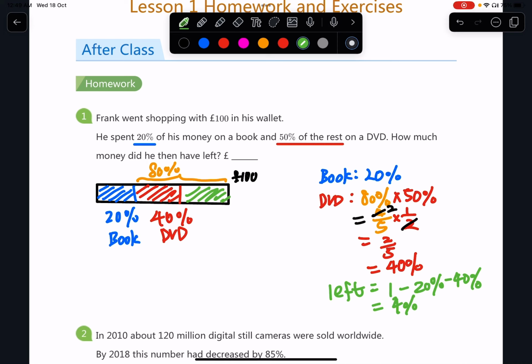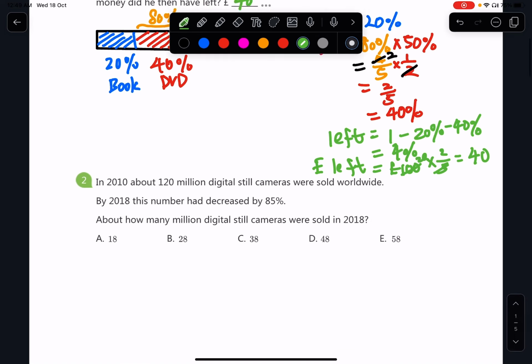It will be the total amount £100 times 40%. So 40% is 2 out of 5, so you multiply by 2 out of 5, which equals 40. So he has £40 left. Perfect. So if you get it, let's go to question 2.